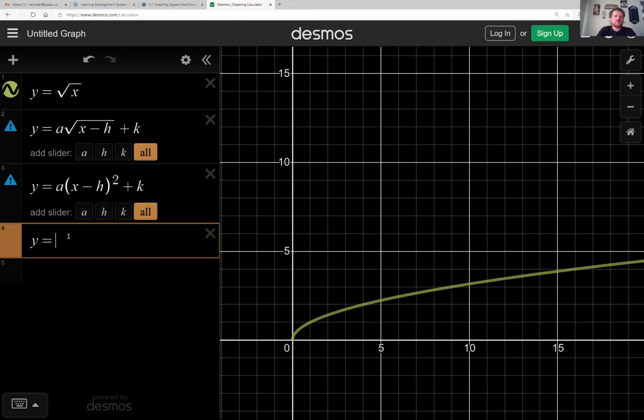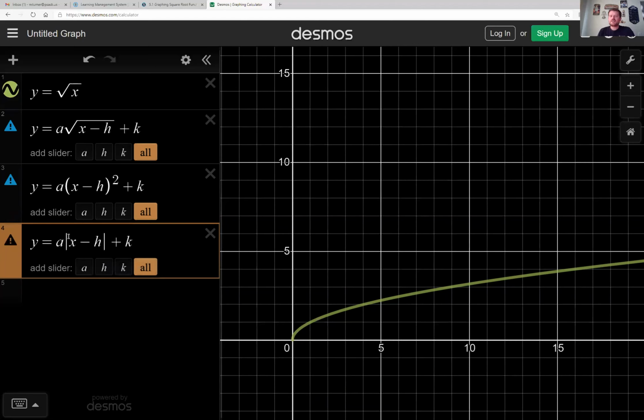We have the same thing when we look at absolute value functions in Integrated Math 1. So all of these have the same variables, a, h, and k, other than, of course, your input and output, and they're all doing the same thing. Your a is going to do the same thing, your h is going to do the same thing, your k is going to do the same thing.